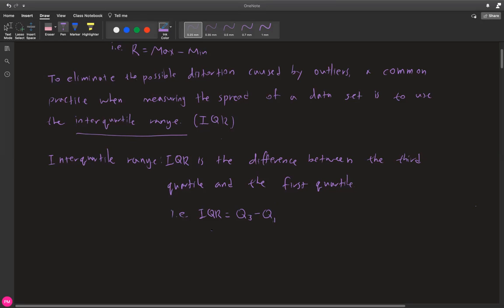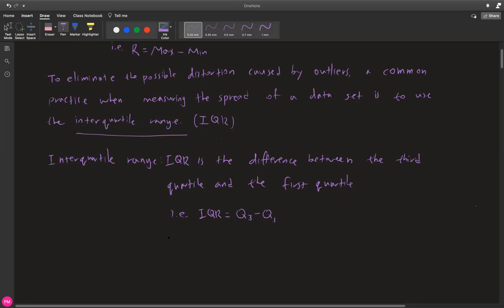So what does this number represent? So you have the third quartile and you have the first quartile. And if you take the difference between the two, in other words, if you find the range between the two quartiles, it'll actually tell you how spread out the middle 50% of the data value is.